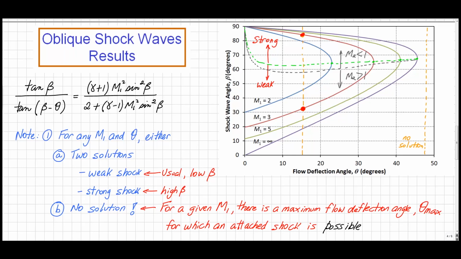Now this curve is very close to our shock detachment curve, but it does show that there's a small region for attached shock waves where the Mach number downstream of the shock wave may be less than 1. But usually the Mach number downstream of a shock wave for a weak shock is greater than 1, and always for a strong shock the Mach number downstream of the shock wave is less than 1.